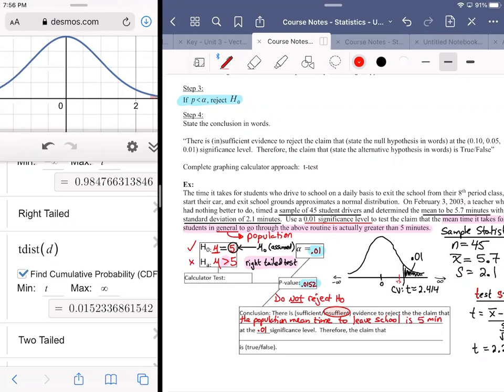The question that was being asked, it says, test the claim that the mean time for students in general to go through the above routine is actually greater than 5 minutes. So there, we paraphrase that. Therefore, the claim that the mean time, because we now know what the mean time is in reference to, it's leaving school, is greater than 5 minutes.